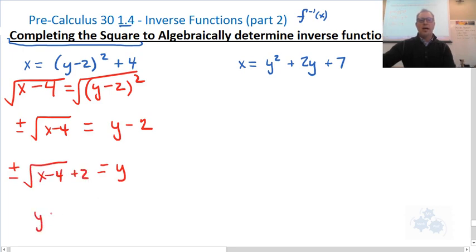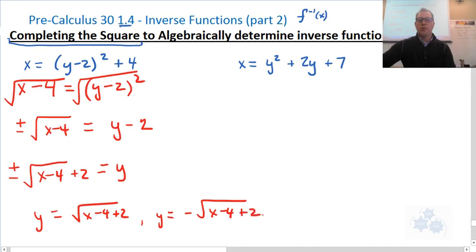And so y really is made up of two separate functions. Notice this plus or minus. Really it's y equals root x minus 4 plus 2, and y equals negative root x minus 4 plus 2. Oops. And I'll explain that more.